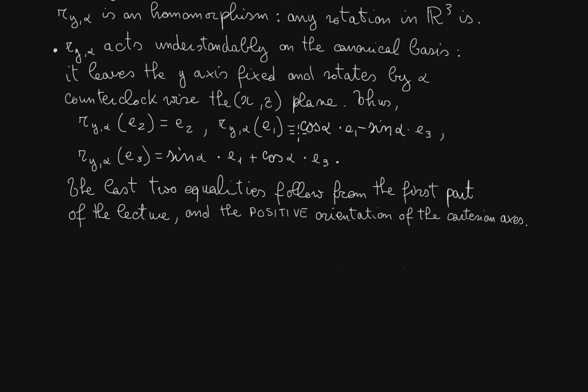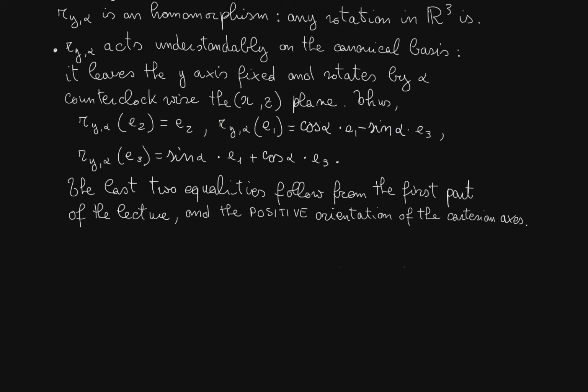And this is computed with the same technique as in the drawing that we have used a few minutes ago. And the image of E3 is sine of alpha times E1 plus cosine of alpha times E3. The last two equalities follow from the first part of the lecture and the positive orientation of the Cartesian axis.